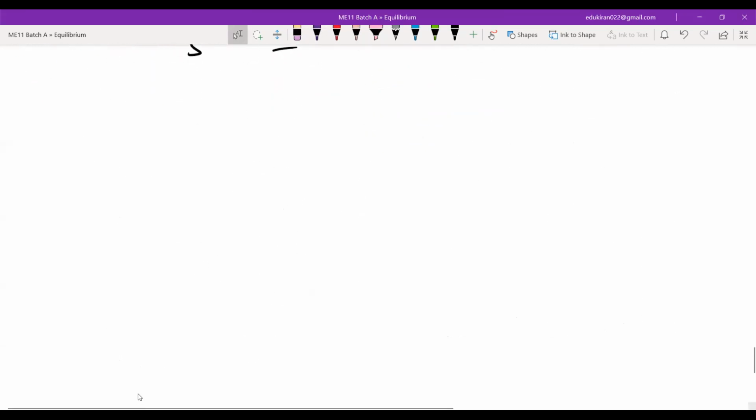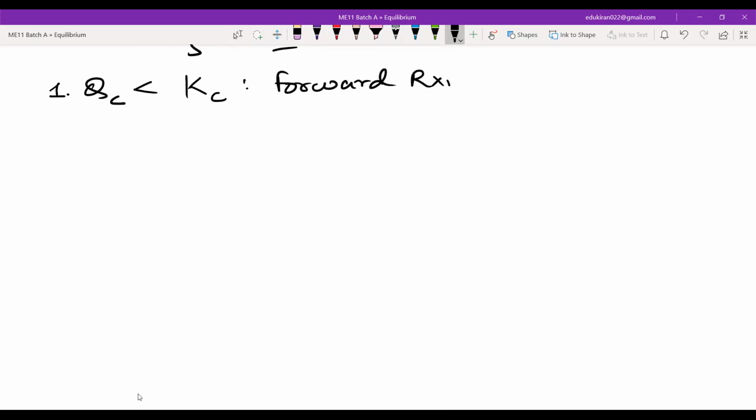Okay, now you write. Number one, there can be a case in which QC is less than KC. Now, if QC is less than KC, that means forward reaction will take place.